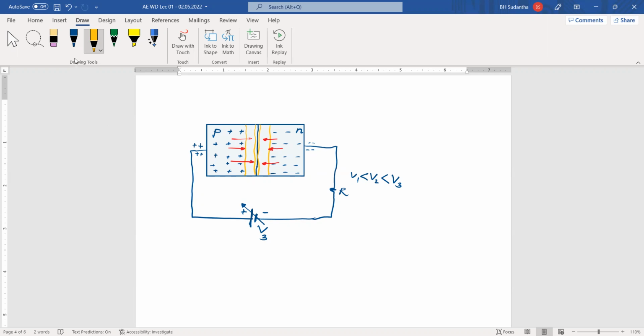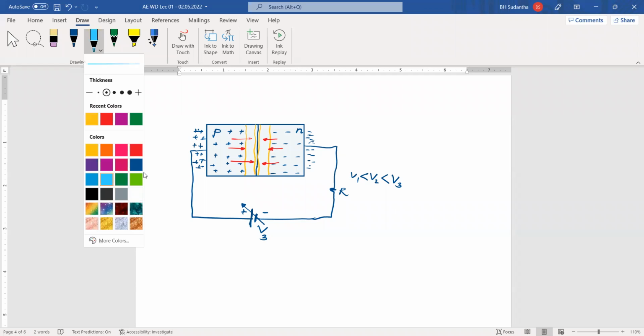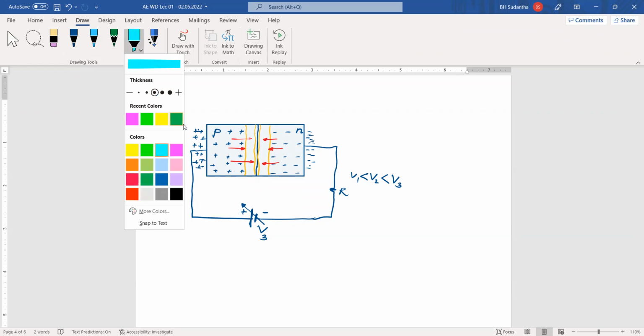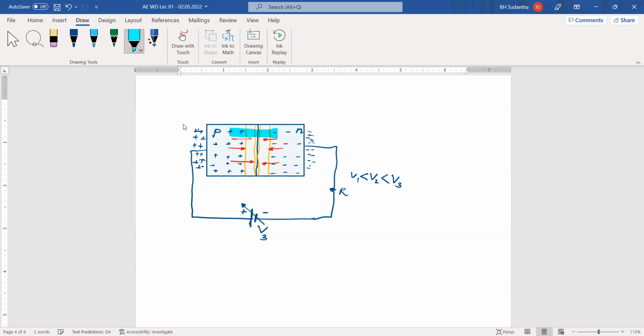Then if they go across the border, more positive charges are here, and more negative charges are around this wire. Then because of that, these positive charges can go across this side. Then this can go to the other side.